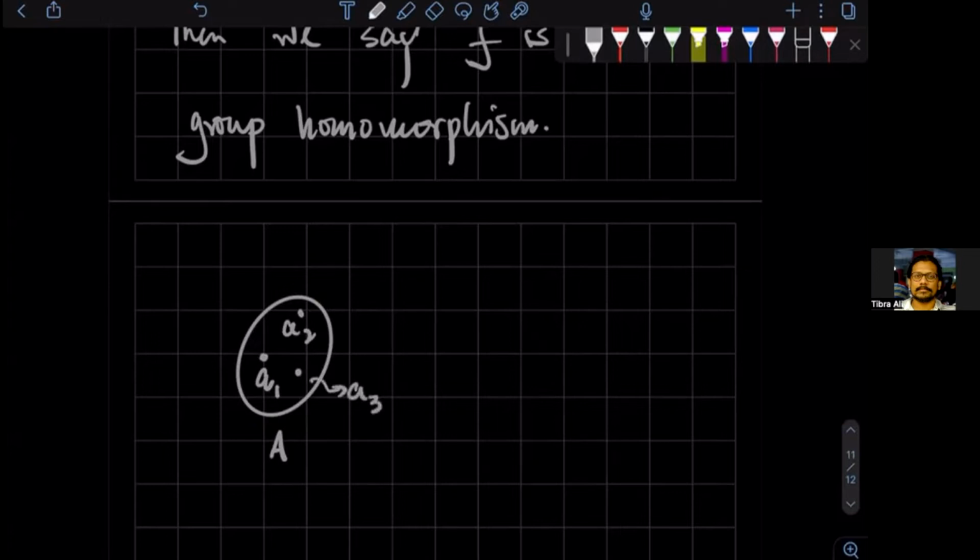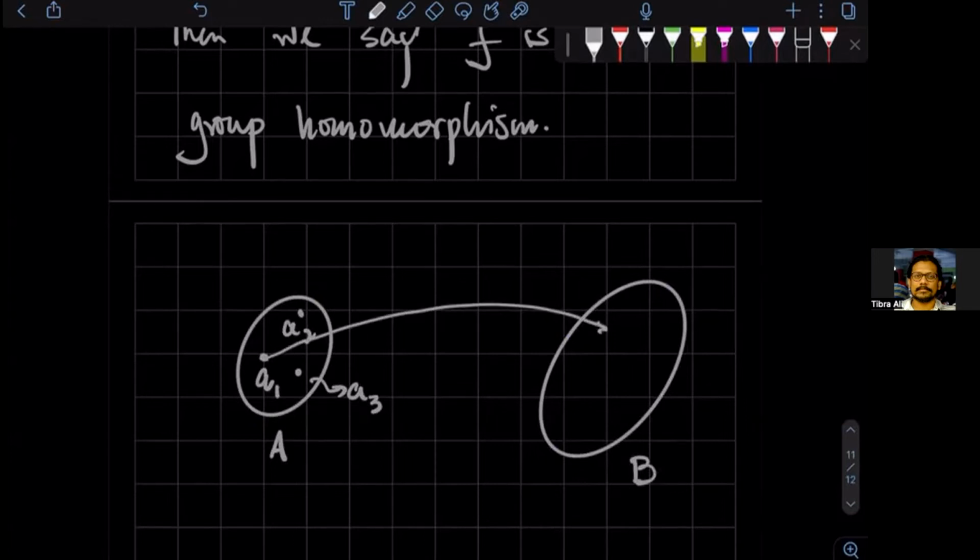Now suppose there's another group B, in such a way that A1 gets mapped to some element F of A1, and A2 gets mapped to some other element F of A2.